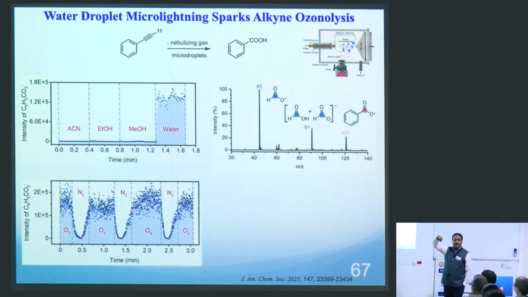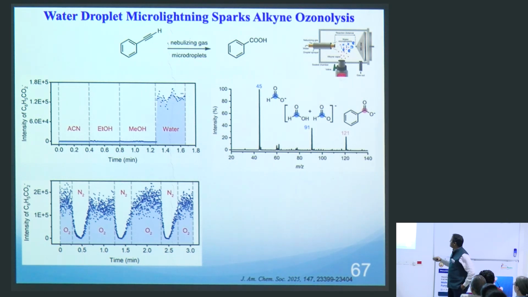Once oxygen enters the system, the sprayer shows immediate formation of benzoic acid. That is what was clearly observed. We are switching on and off, passing sometimes nitrogen, sometimes oxygen. So we see that oxygen goes into ozone, and then formation of oxygen radical, which generates the ozone under the lightning effect.